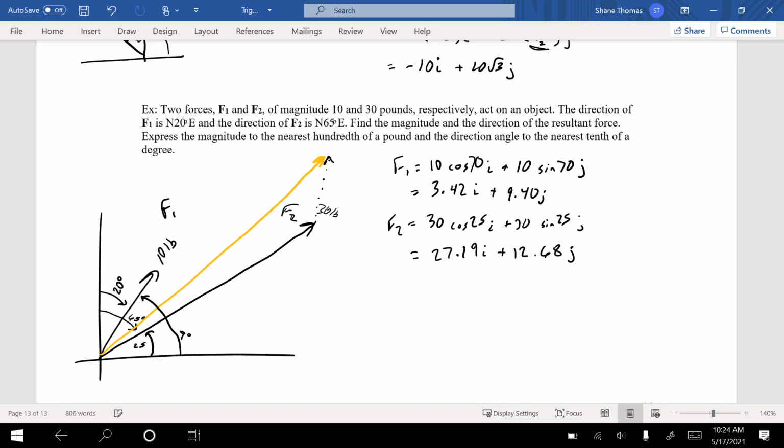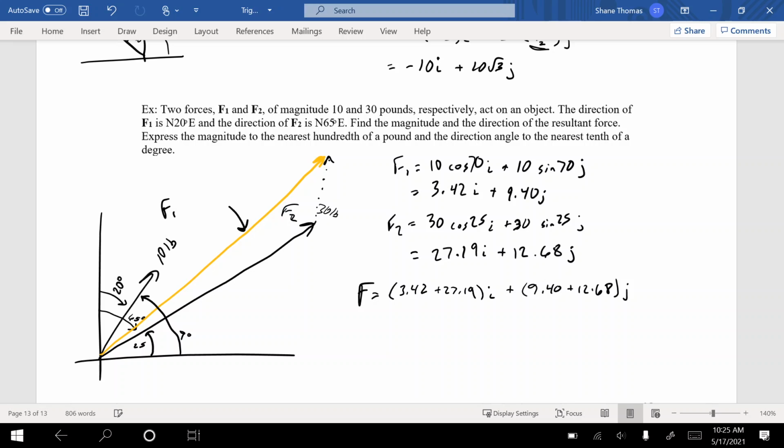So there's my two vectors that I have drawn up here. Vector 1, or F1, is 3.42I plus 9.40J. Vector 2 would be 27.19I plus 12.68J. Now I'm looking for this resultant vector. I want to find out how much force it has and in what direction it's being pushed. So let's add them together. So we'll just call this F. F is going to be 3.42 plus 27.19 I plus 9.40 plus 12.68J.